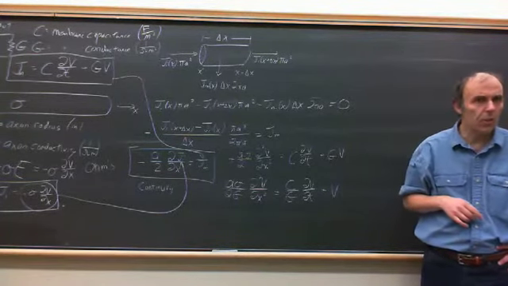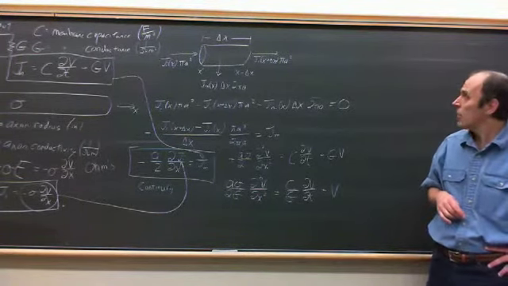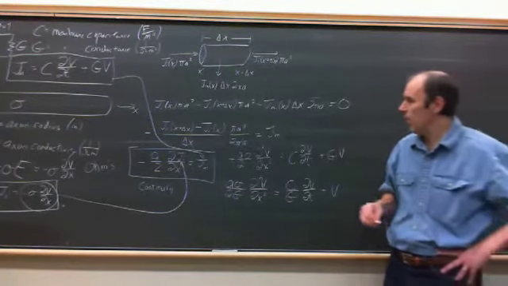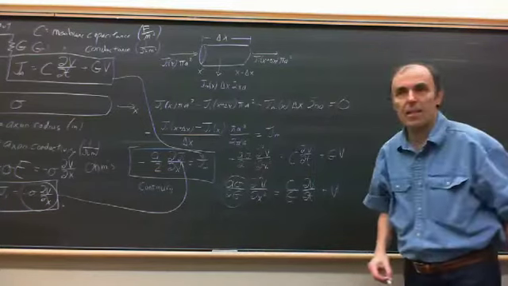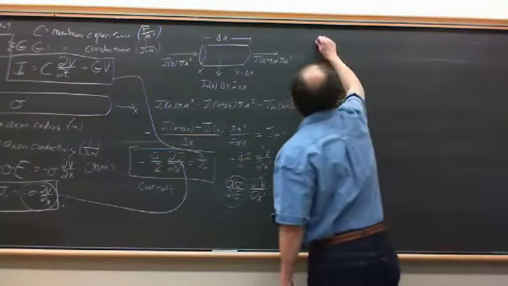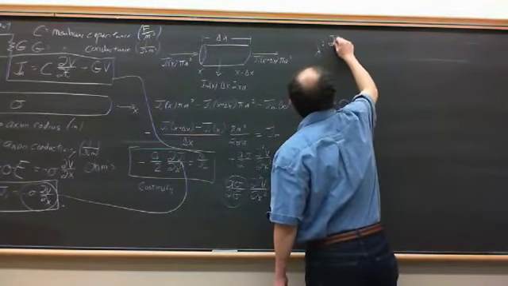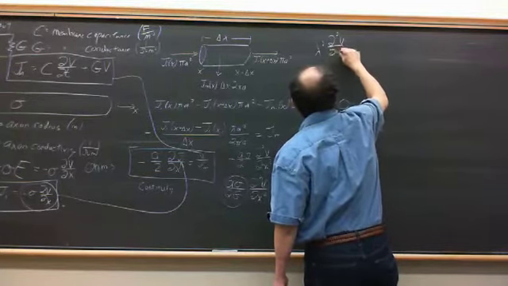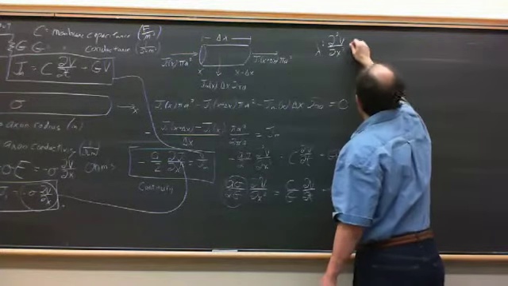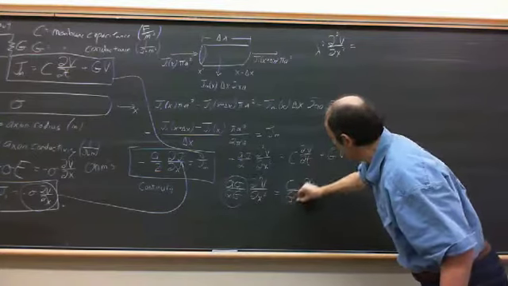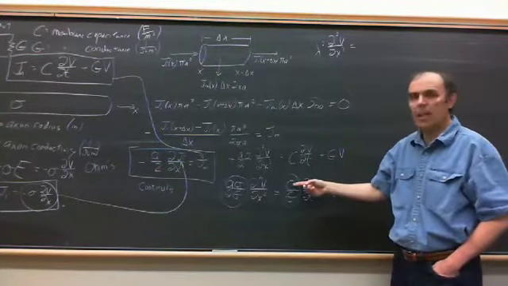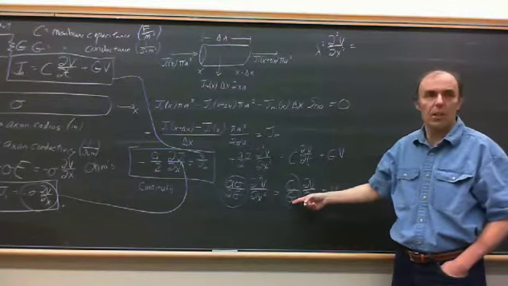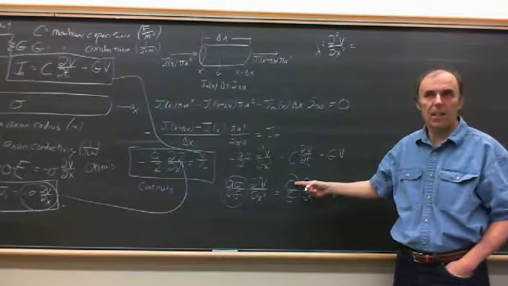So, what you'll usually see is it's written slightly differently. Usually you're going to define this as a constant, and it's usually called lambda squared dV dx equals, and you define this thing as a constant. What's usually done is, this is like C over G, that's like RC, that's like a time constant.